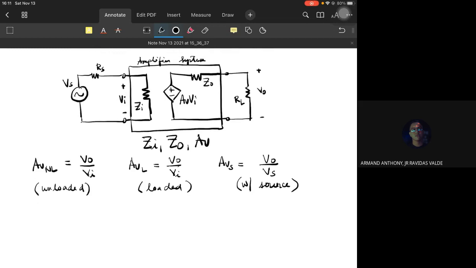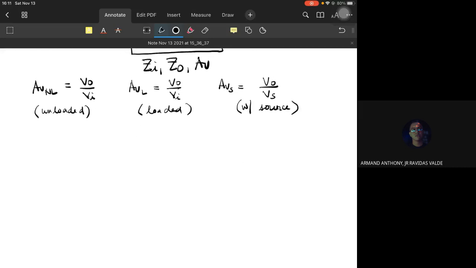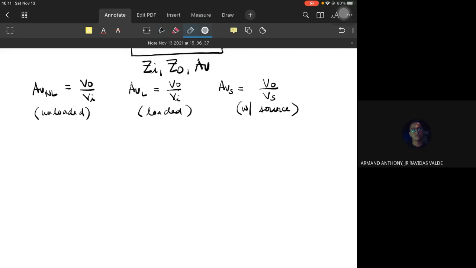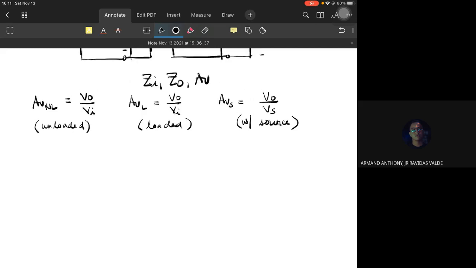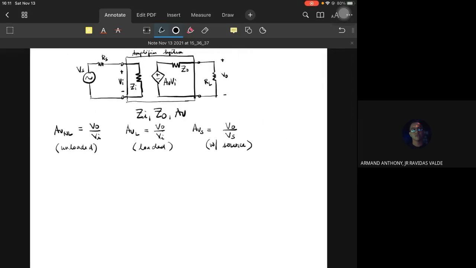So why not find a generic formula for AVL and AVS as a function of AVNL? That way we hit two birds with one stone. Since we have a formula for AVNL, it is difficult to find the values of VI and VO, so we create a formula for AVL and AVS as a function of AVNL.